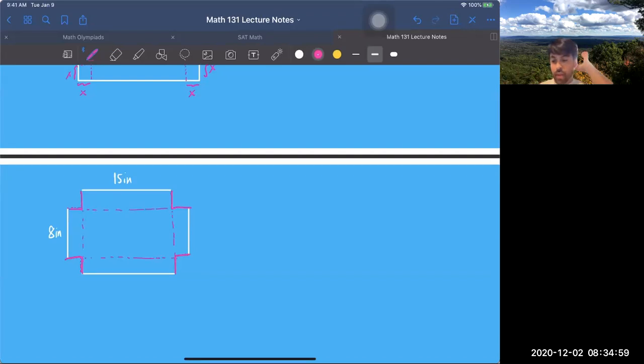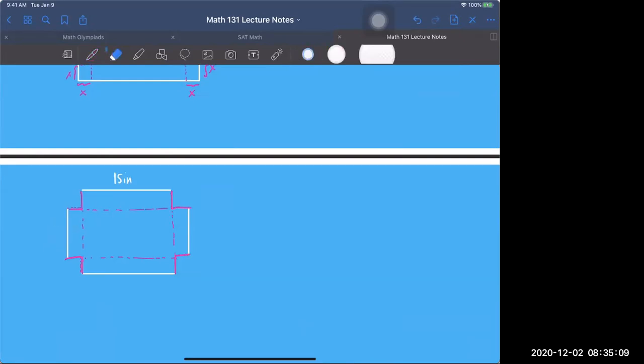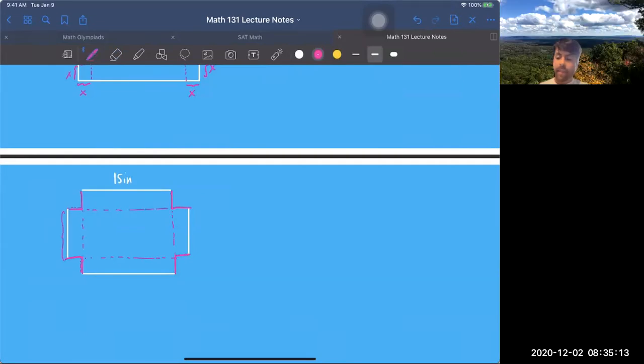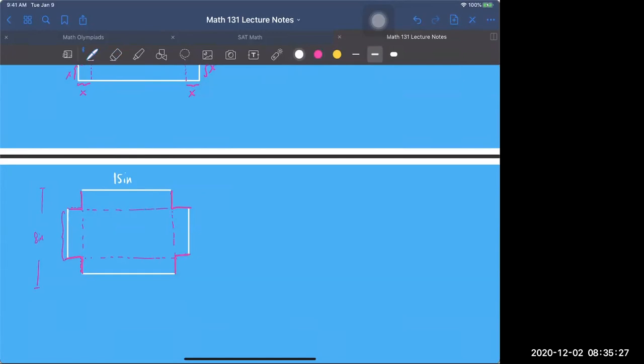But before we do that, we're going to have less than 8 inches and less than 15 inches. So how much am I going to have now instead of 8 inches? Would you divide by 2? What would this length be? If this whole thing was 8 inches, and I took away x on one side and x on the other side, what would the remaining portion be? Would it be 4?